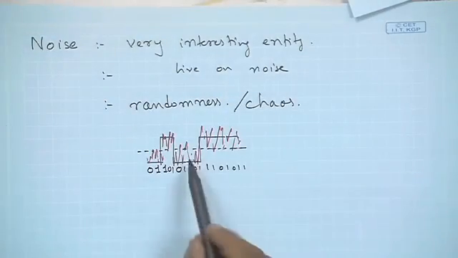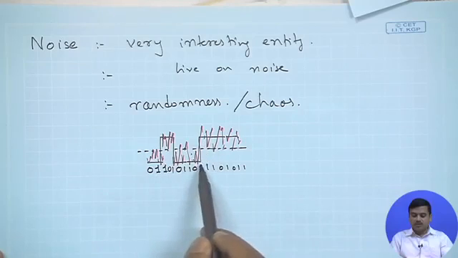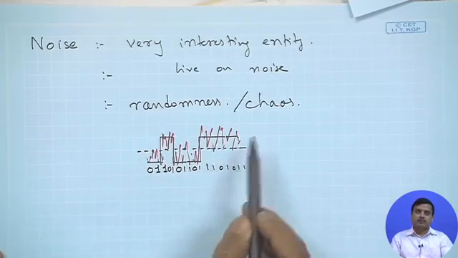Because when this happens, we don't know next time when I'm going to send a 0 1 0 0 whether the same pattern of noise is going to come. It's absolutely unknown, nobody knows, right? So we have to be prepared to handle this kind of uncertainty in the system, and that's why we study digital communications, so that we can design an appropriate transmitter and an appropriate receiver, so that we can minimize these kinds of errors, right?